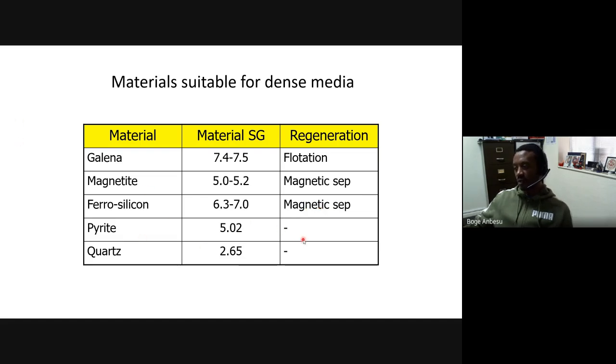Pyrite and quartz, again, can also be recycled back using flotation. Pyrite floats really easily with flotation. Quartz, you can again float easily with flotation. You can regenerate those by using flotation as well. So the whole point here is that whatever particles you use to make up a media, it should be dense enough. And if it's reasonably dense, then you only need to add a small amount of that material to make up a reasonable density of the media, which can be used for separation.